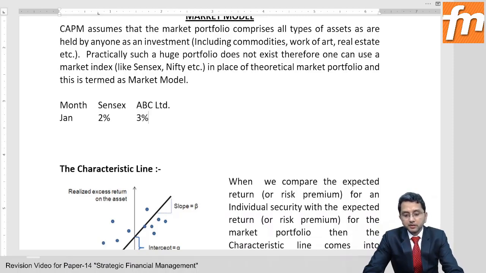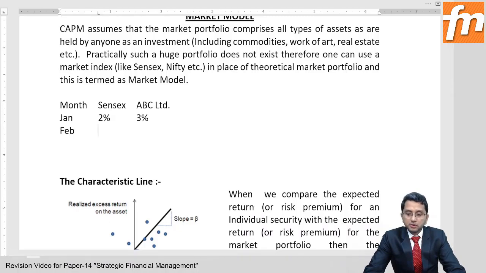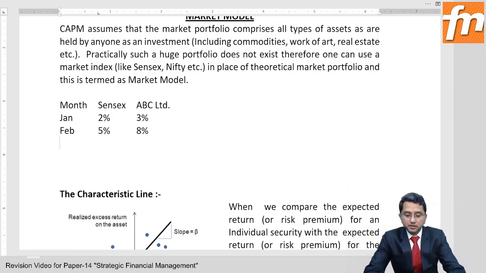ABC Limited provided 3% return. In the month of February, Sensex provided 5% return. ABC Limited provided 8% return. In the month of March, Sensex provided minus 1% return. ABC Limited provided minus 5% return. And so on.